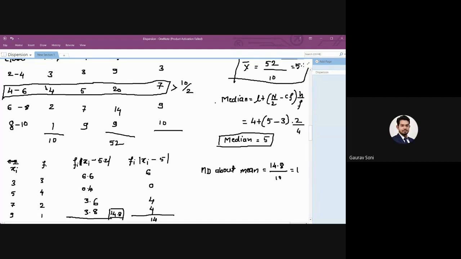So this is 1.48. Coefficient of mean deviation about mean is equal to mean deviation about mean upon mean. What is our mean? 5.2. So this is 0.2846.